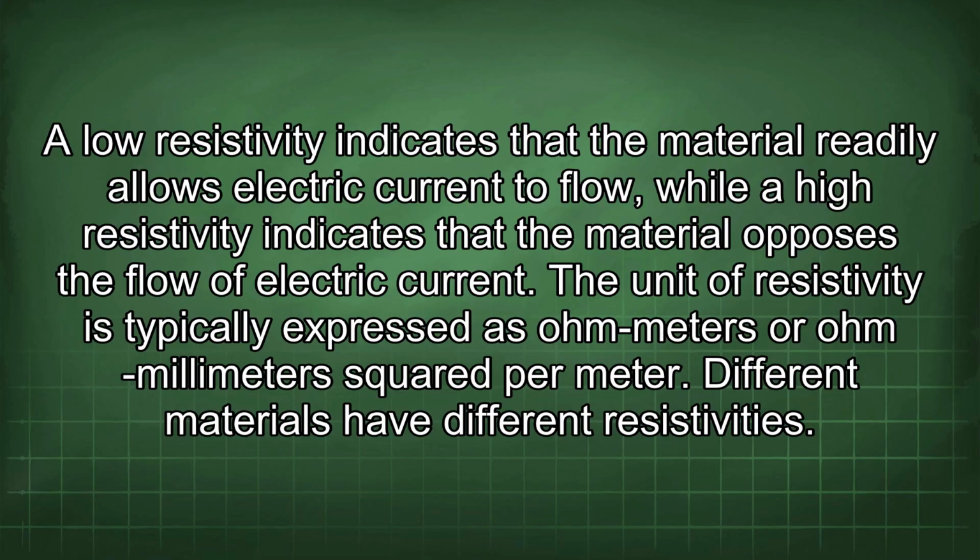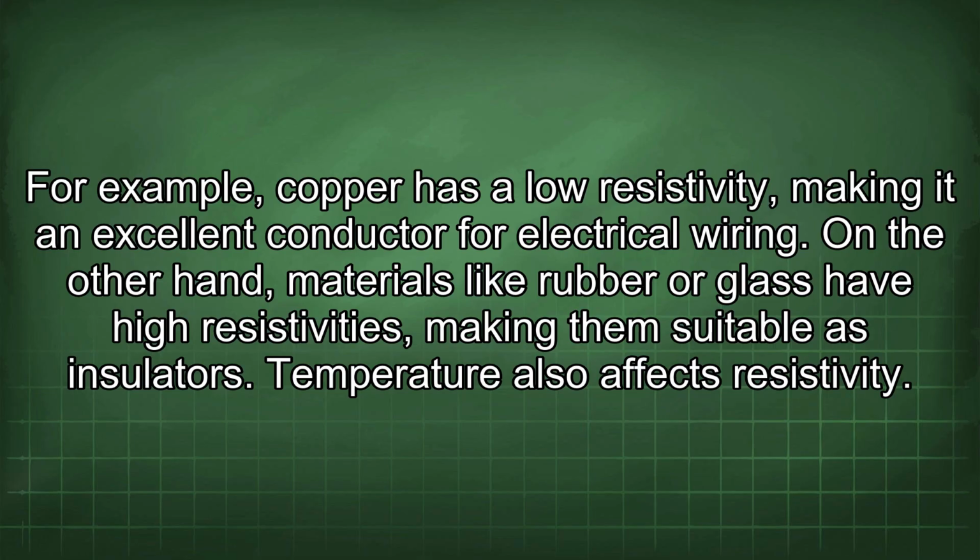The unit of resistivity is typically expressed as ohm meters or ohm millimeters squared per meter. Different materials have different resistivities. For example, copper has a low resistivity, making it an excellent conductor for electrical wiring. On the other hand, materials like rubber or glass have high resistivities, making them suitable as insulators.